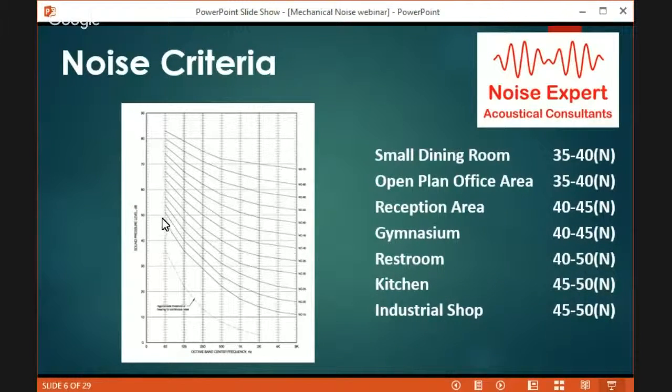So they came up with a curve that says, for this level at this frequency is equivalent more or less to a different level at a different frequency. They weight those according to how we hear them, and then they sum them up, and that gives you the A-weighted level.